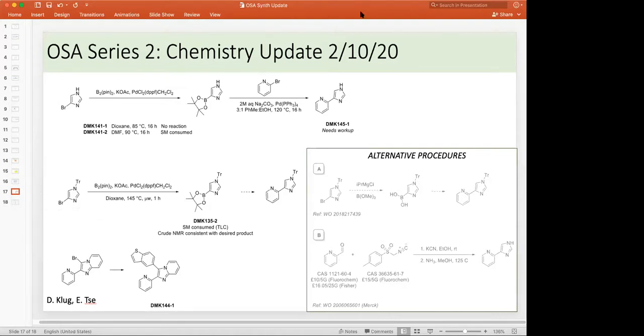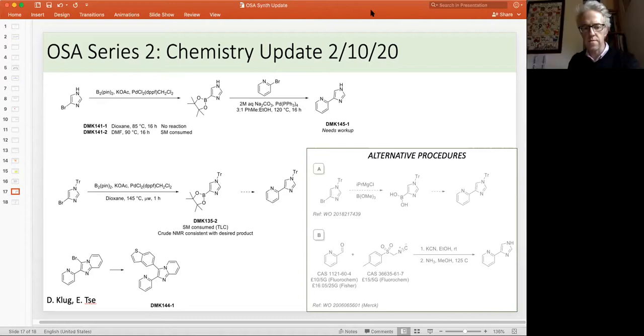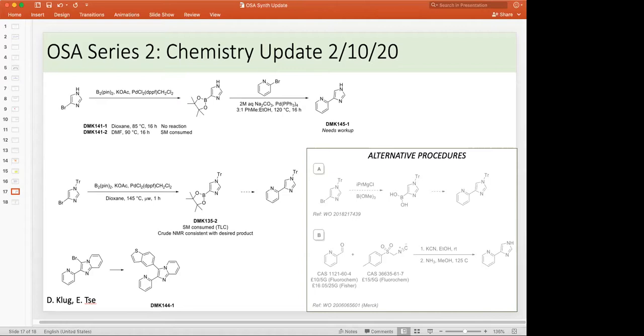You can imagine forming that in a 3+2 cycloaddition from the alkyne and aminopyridine. So if you were to disconnect, I think Dana posted that. I haven't been following the work you've been doing, but for me, that's the obvious disconnection.